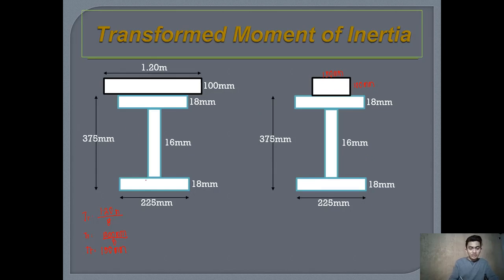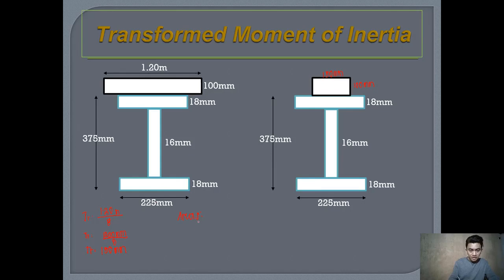So next step, we are going to determine now the location of our neutral axis. Let us try to determine first the area of each section. So let us start from the very top up until the bottom.